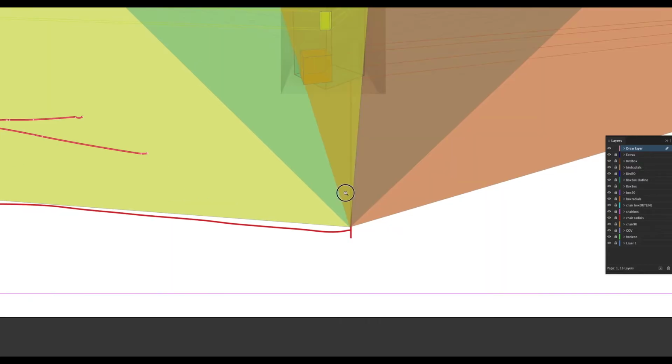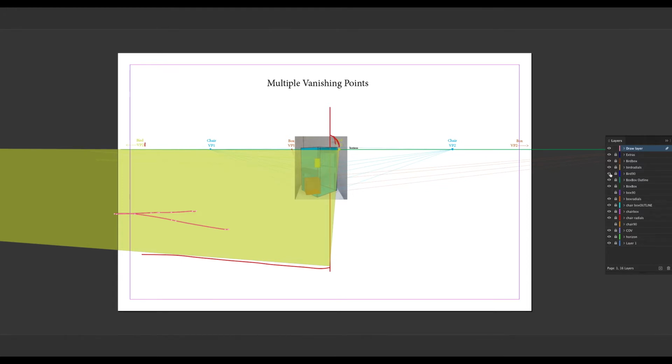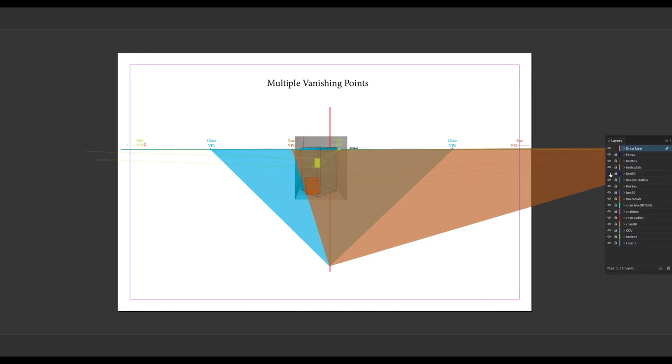But I'm never going to ask you to draw this stuff, these 90-degree angles, but just so you could further understand what I'm talking about when I say 90 degrees.